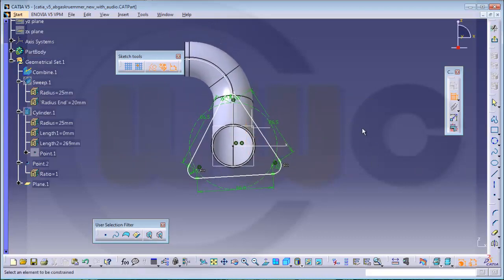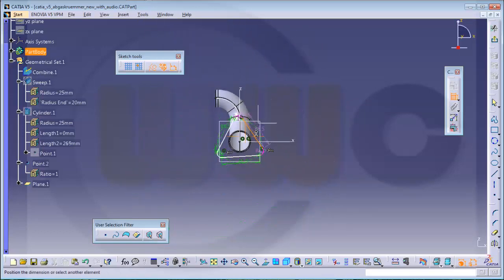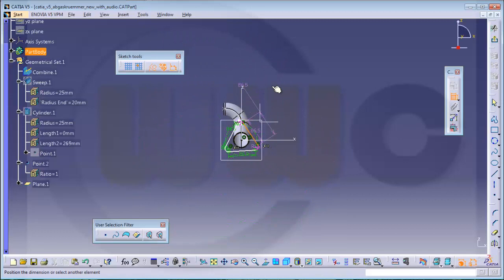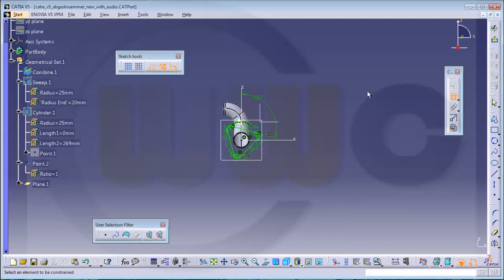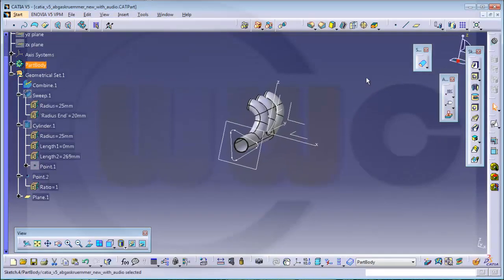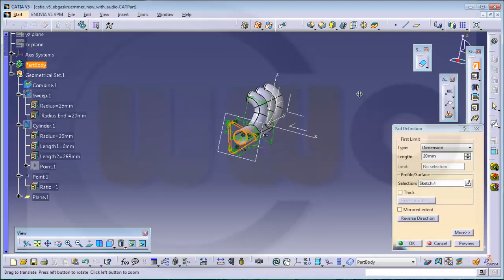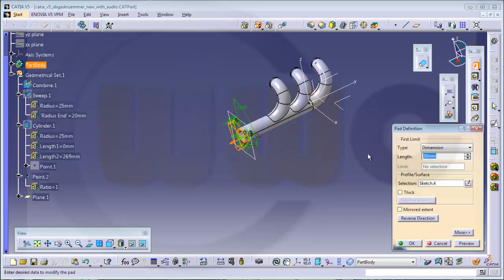Then just need another angle between this one and the z-axis. Yeah, and this should be 105. And leave the sketch, make an extrusion, and this should be 10.